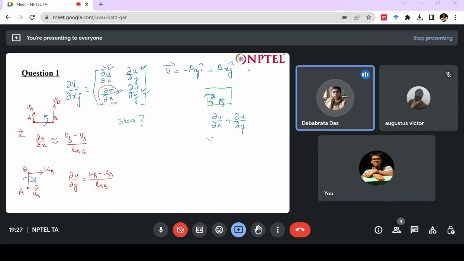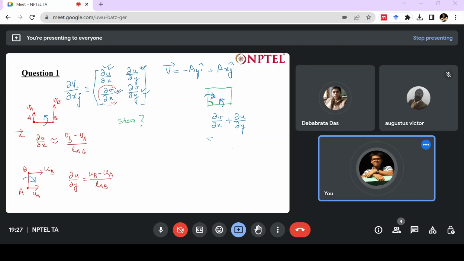So it is still coming zero, right? Because del v del x, though v is a function of x, this is a, and u is a function of y, but this is minus a. The addition of these effects is zero.